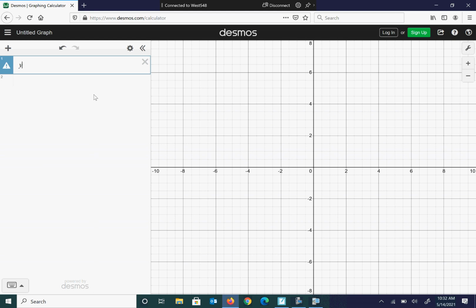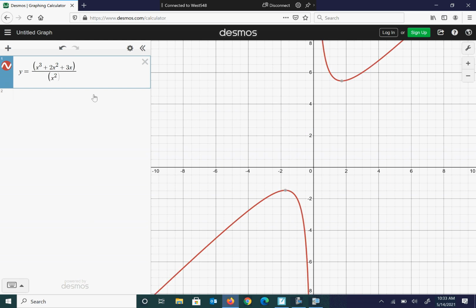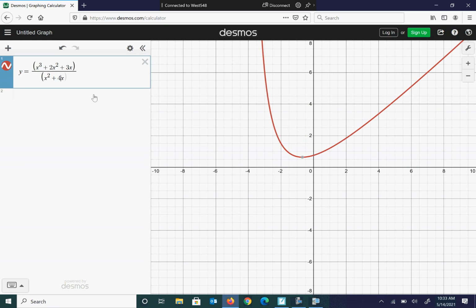So y equals parentheses x raised to the third plus 2x squared plus 3x divided by x squared plus 4x plus 4.